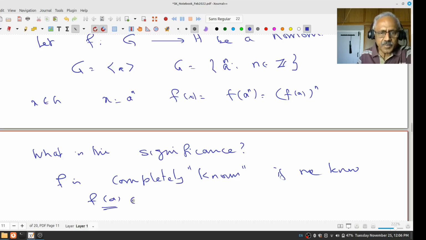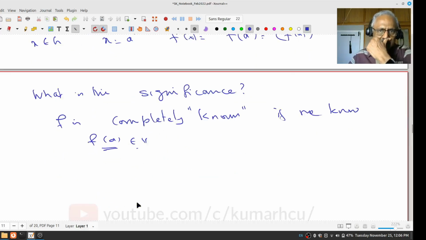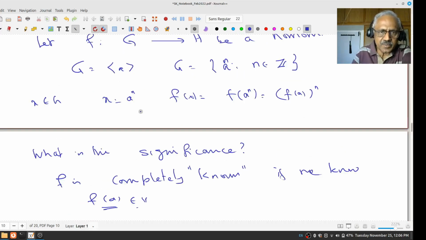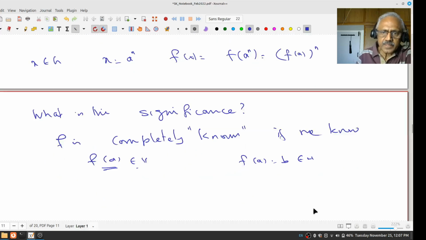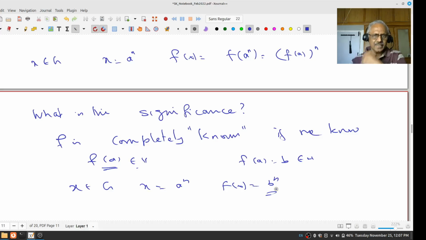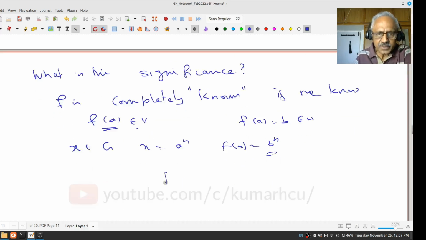This particular element in H, if we know this, we know that. Why? Because any x is of the form a to the power n, therefore f of x will be... Suppose f of a equals b in H, and if x is an element in G, then x is a to the power n, therefore f of x is b to the power n. That's it. Yeah. So pause, review, proceed.